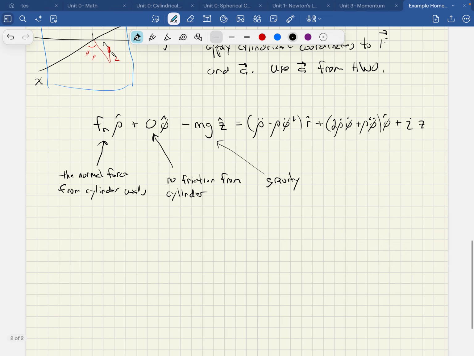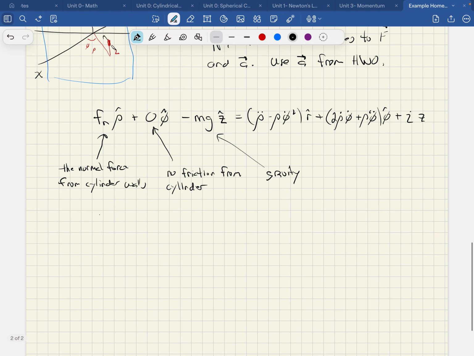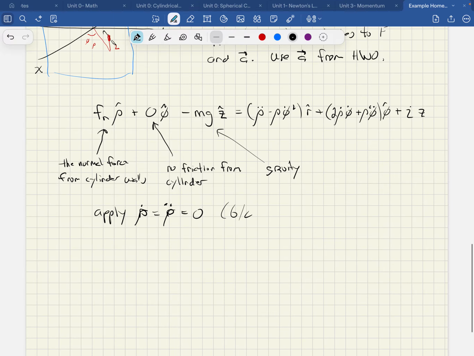All right, so now apply rho dot equals rho double dot equals 0, because we're fixed at rho equals r.